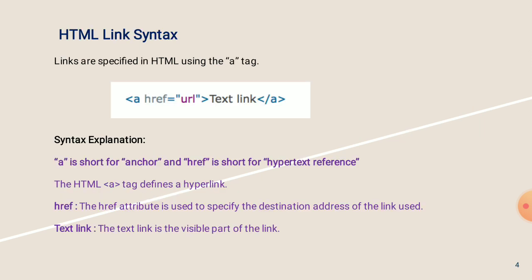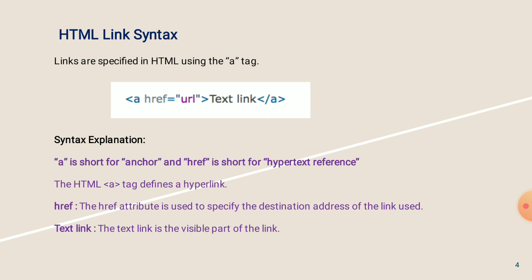So the HTML link syntax is that links are specified in HTML using the a tag, with the href part. We use the syntax a, then href, then URL, then the link text. That means href is the hyperlink attribute, URL is the address of the link, and the text is a simple text line.